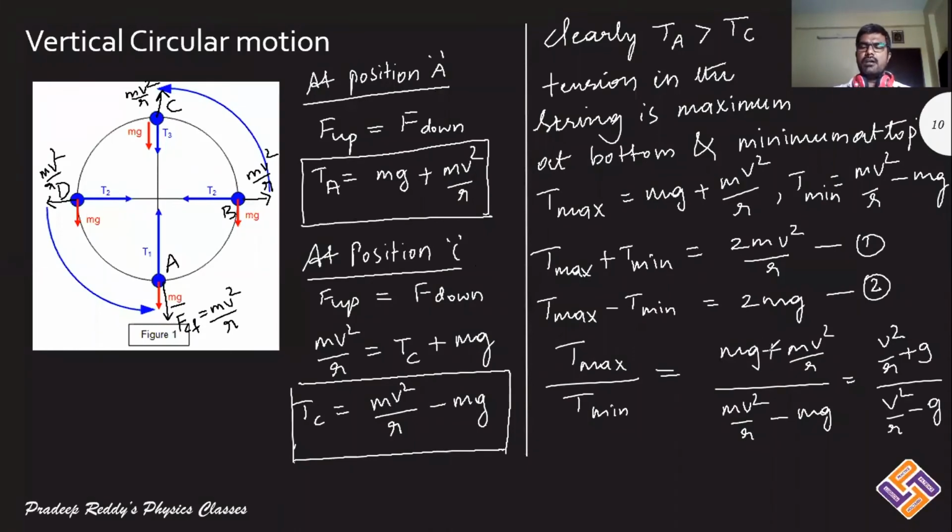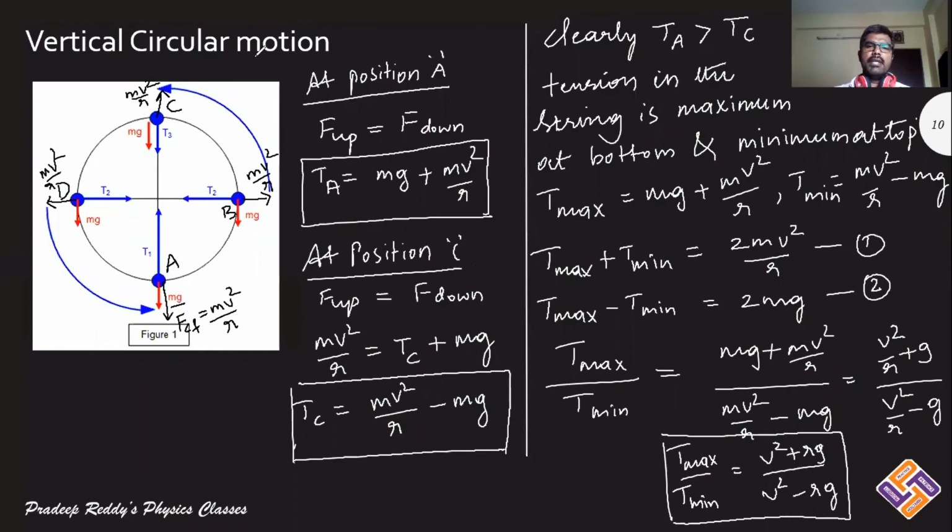I have just changed the order in the numerator: v square by r first, g next. Even you can resolve this. So T maximum divided by T minimum is equal to v square plus rg divided by v square minus rg. This is the equation for the ratio of maximum to minimum tension.